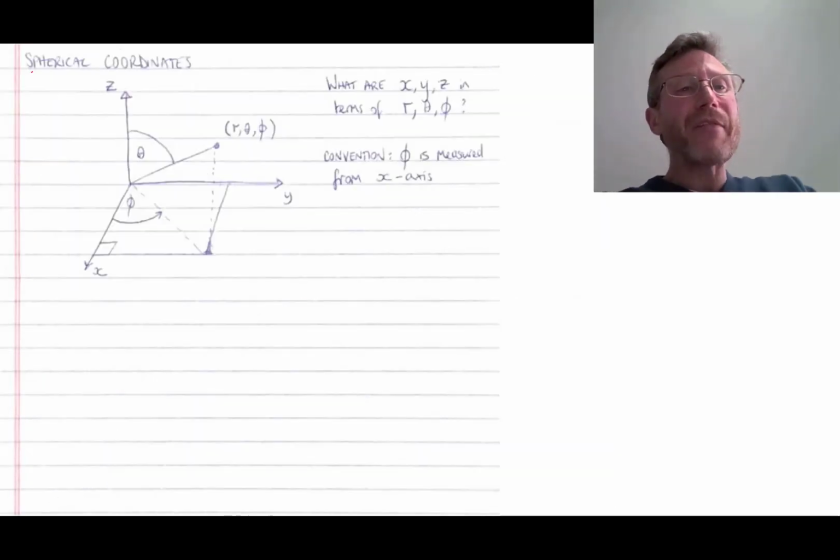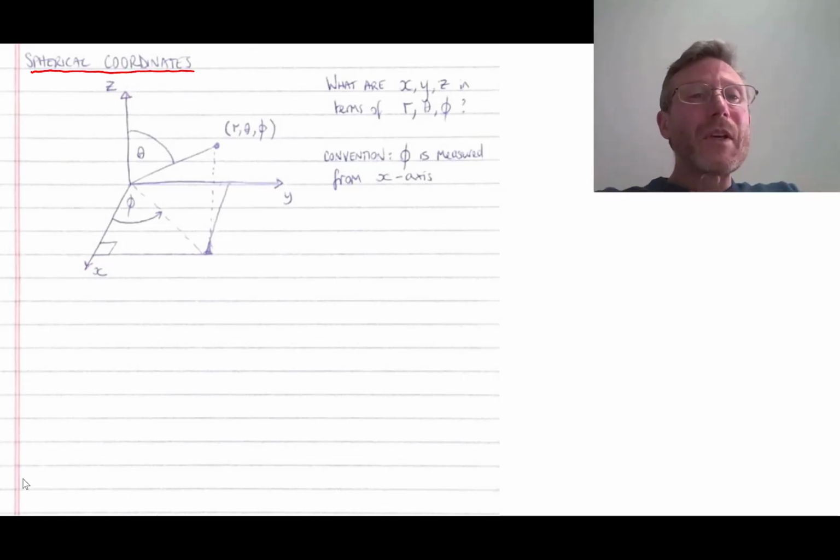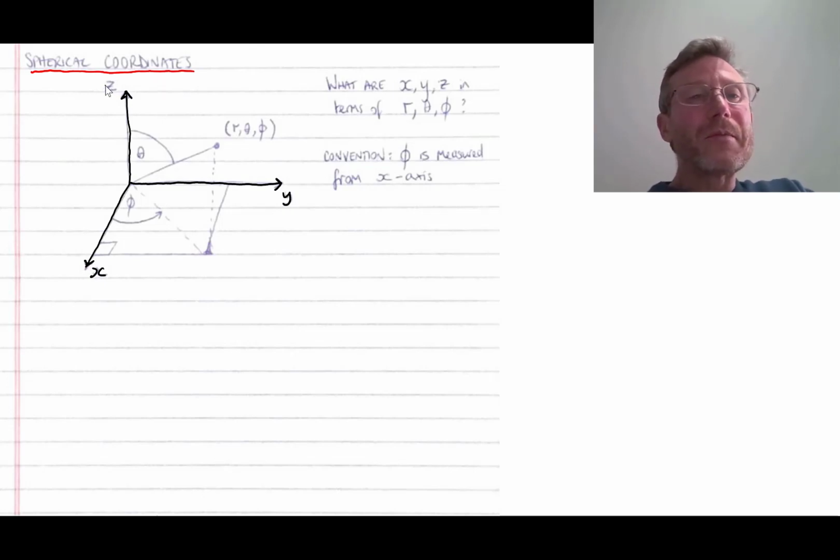So here we have our title, spherical coordinates, and we've got our 3 Cartesian coordinates, x, y, and z. We'll notice that the x is kind of coming out of the plane of the paper, if you will, and we've got our y and z in the plane of the paper, and we've also got our body.